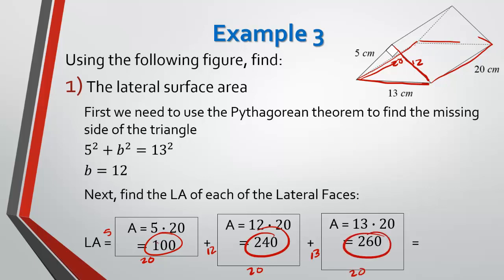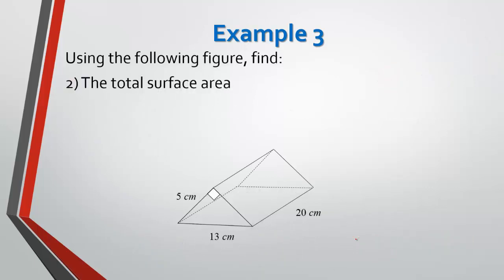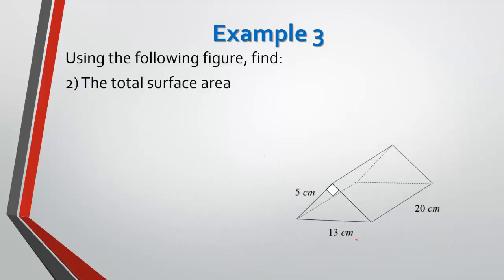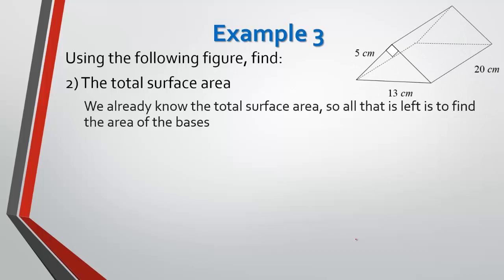So just add all those together. 100 plus 240 plus 260 equals 600. So we answered the first part. Now we need to find the total surface area. All right, so again, let's move that up there. So we already know the lateral surface area, which we said was 600. So all we need to do is find the area of the bases.